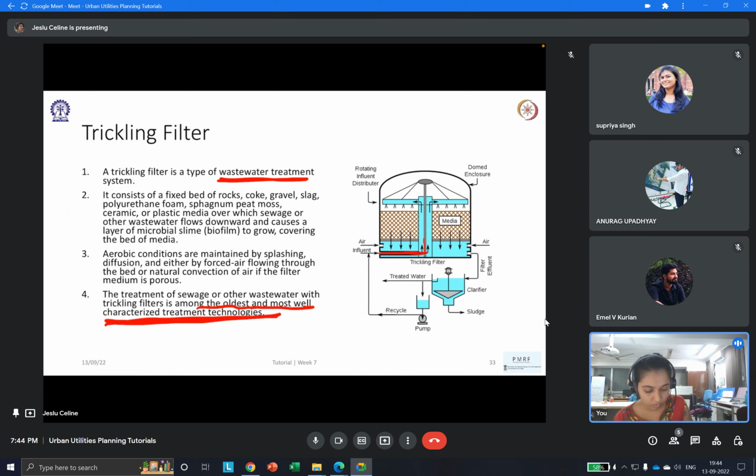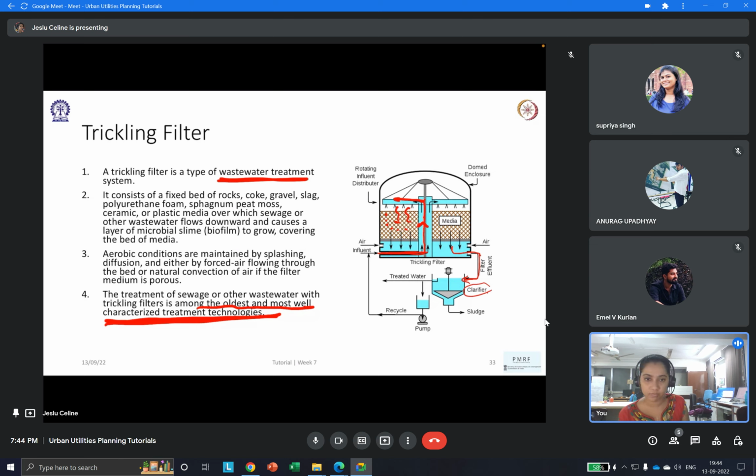The influent comes in through here and goes up, and then there is a rotating influent distributor. From here it goes through this medium, where some filtration happens, and after that the filtered effluent comes down, and then we are using a clarifier.